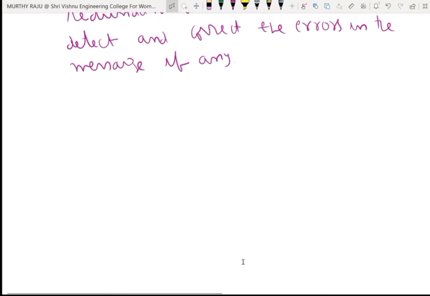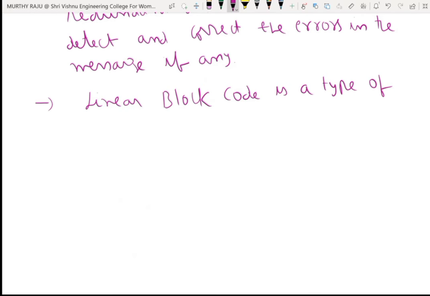Therefore, linear block code is a type of error correcting code.